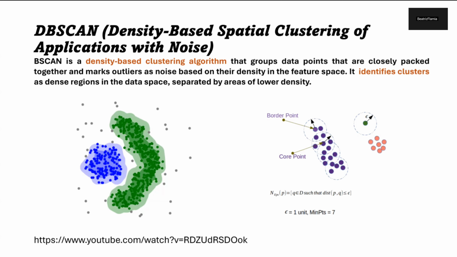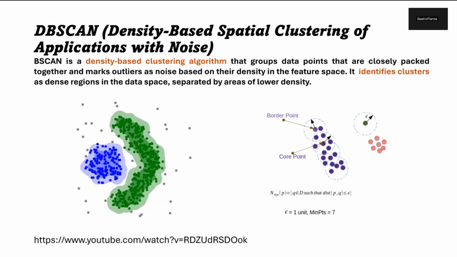So what happens here is there are two parameters: the min points and the epsilon. The min points is the minimum number of elements that belong to a cluster. So let's consider 3. And the epsilon is a distance. Let's consider just 1.